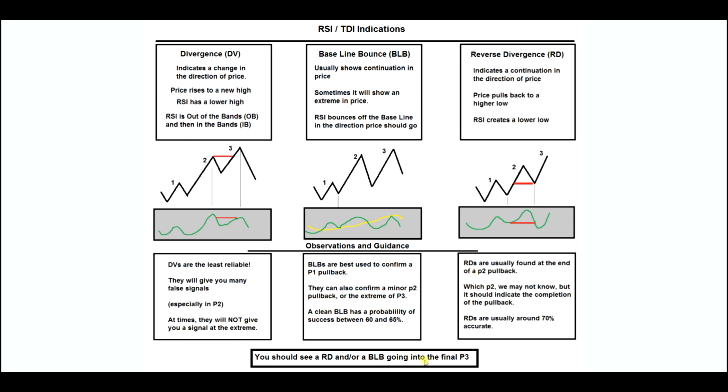If you do not see a reverse divergence or a baseline bounce going into the final push 3, whether it's a pullback of 2 or the sub pullback of 2 going into 3, you're probably not going to be going into your final push 3. You're going to be faked out. Okay, so going into your push 3, look for a baseline bounce or reverse divergence. If you do not see one, your count is probably off, and don't consider the final push a push 3.